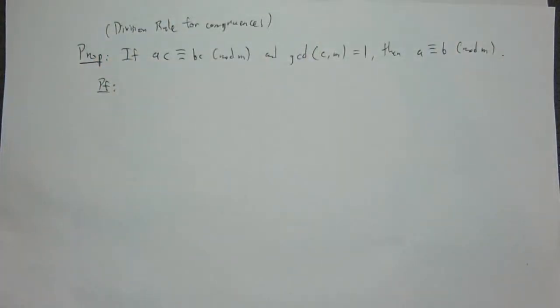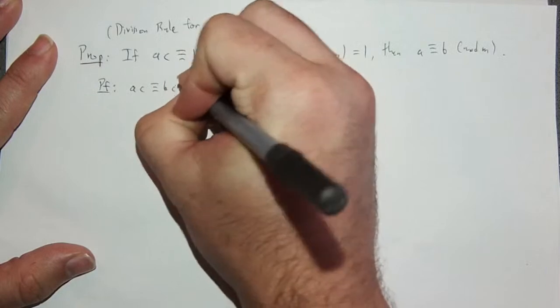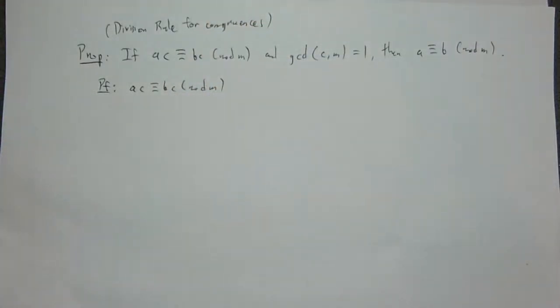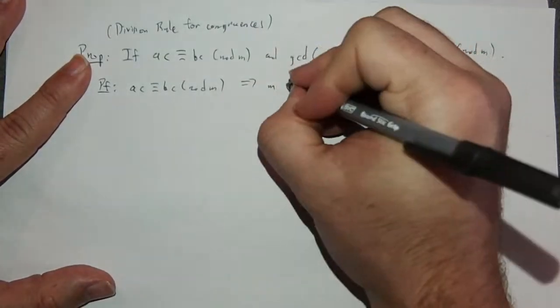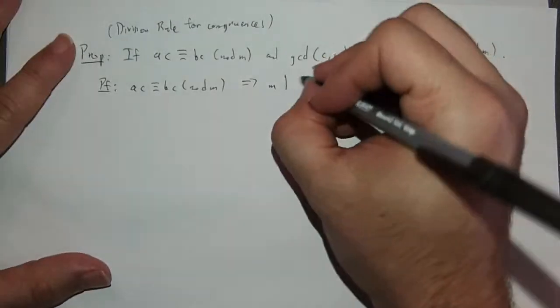I can do this proof by recasting my congruences in terms of divisibility, right? AC congruent to BC mod M actually implies, by definition, that M divides the difference AC minus BC.